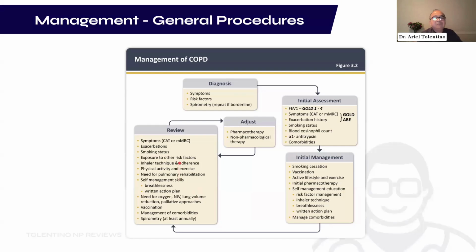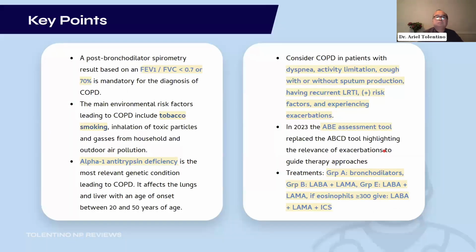Now, because of this evaluation, when we are reviewing the patient with each visit to the clinic, we are now able to adjust pharmacotherapy or adjust non-pharmacological interventions to arrive at the most ideal situation to control COPD. Okay. Now, we're towards the end, and we have the important key points.